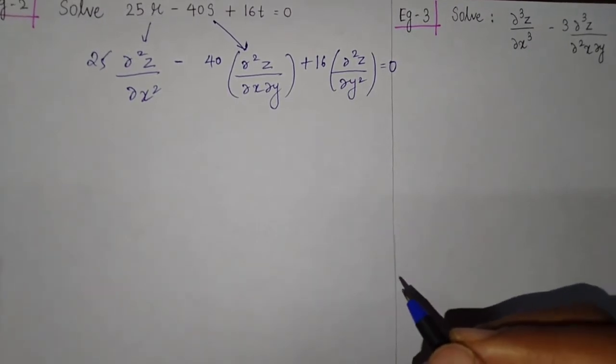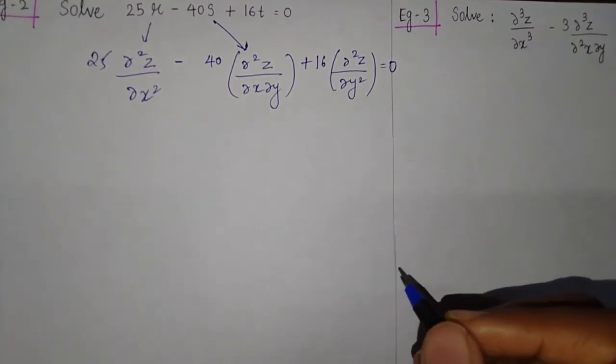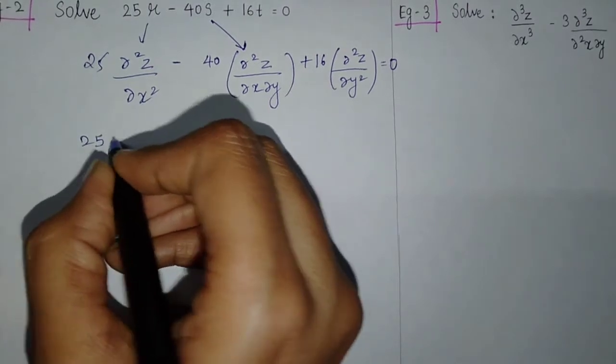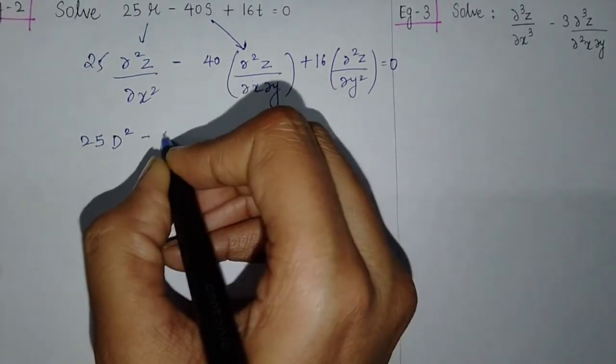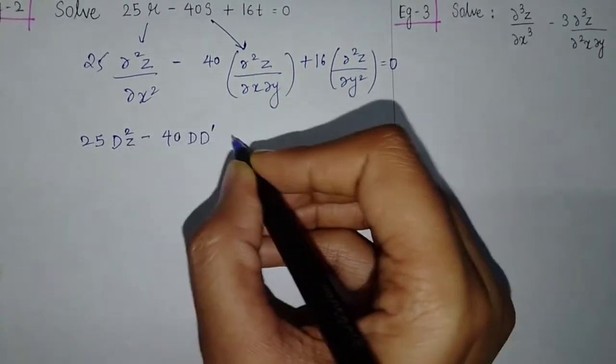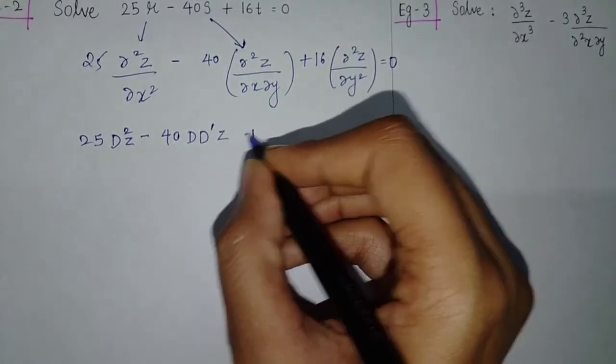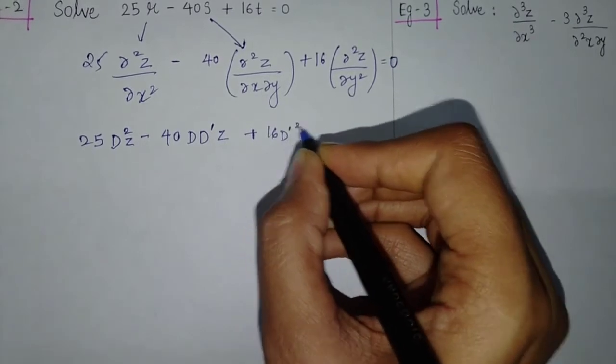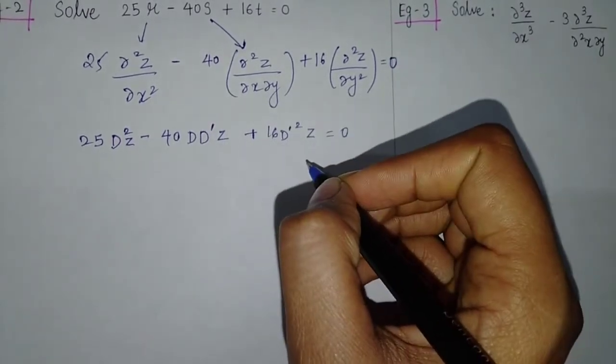So again we will convert this equation in the form of D. So it will be 25 D square minus 40 D D dash, again with z there, plus 16 D dash square z equal to 0.